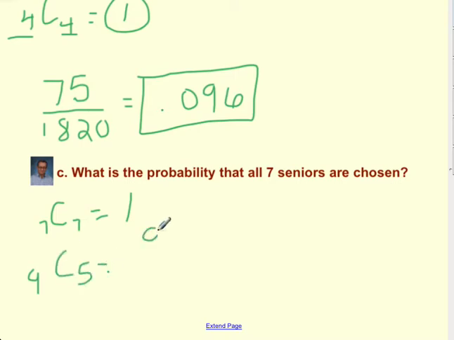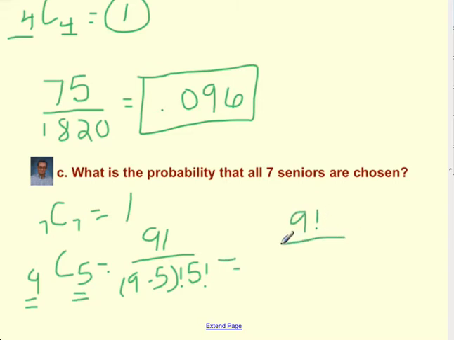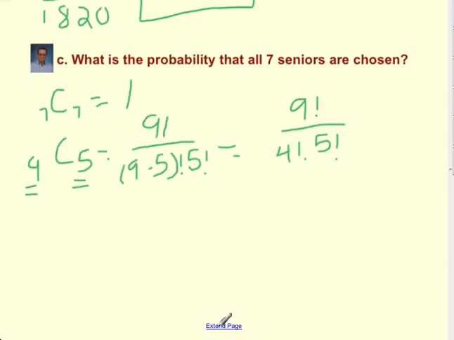So we're going to have 9 factorial on top, and then 9 minus 5 factorial on the bottom times 5 factorial. Again, this represents the number of juniors and sophomores. This represents the number of students we still have to choose in order to get our 12. So then we're going to have 9 factorial, and then 9 minus 5 is 4 factorial times 5 factorial. So everything from 5 on down is going to be taken care of. So I'm going to have 9 times 8 times 7 times 6. Then on the bottom, I still have that 4 factorial.